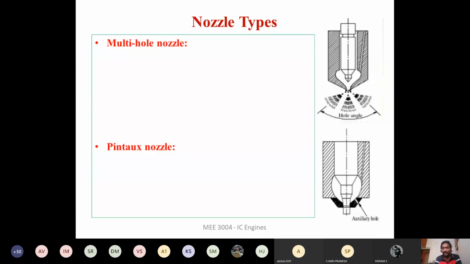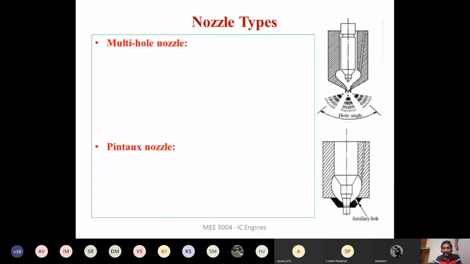And in the case of pintle type nozzle, there is a needle here and we can have an auxiliary hole. What this auxiliary hole will do is start the injection by supplying fuel through it initially, before the fuel can pass through the annular space provided between the pintle and the nozzle. The pilot fuel is being supplied through the auxiliary hole, thereby starting the ignition and the pressure available inside the engine cylinder because of the initial pilot ignition.